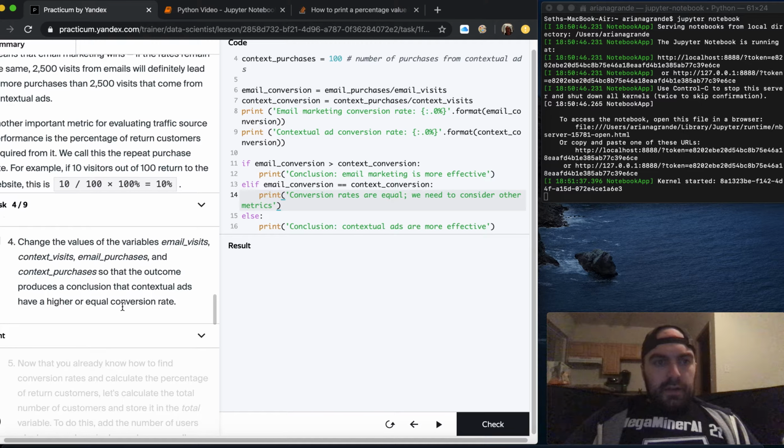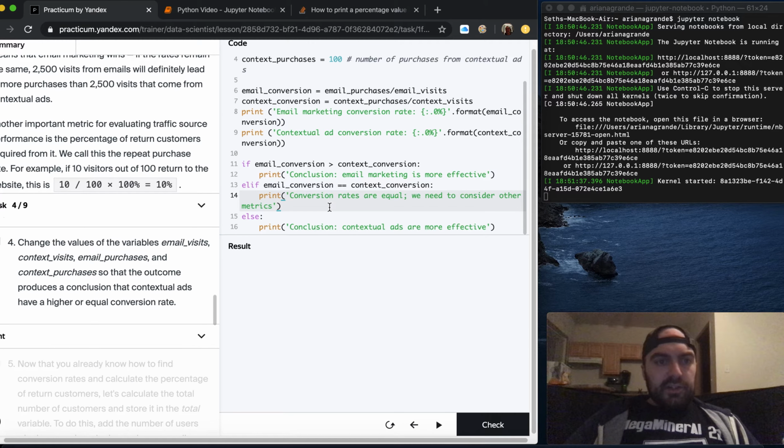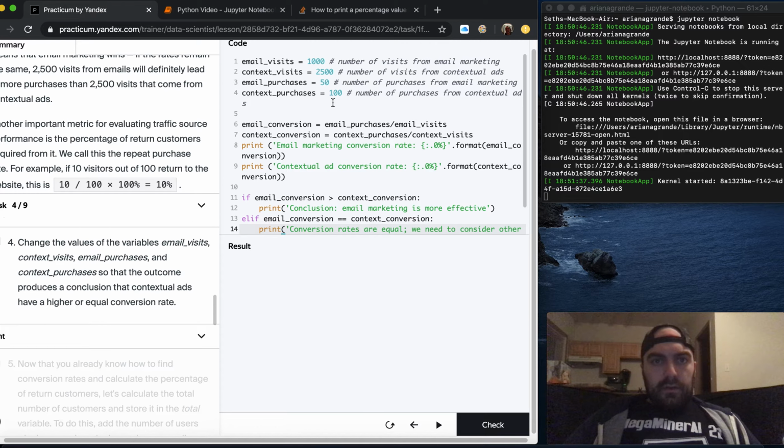Change the values of the variables email visits and context visits, email purchases, and context purchases so that the outcome produces a conclusion where the contextual ads have a higher or equal conversion rate. Okay, so right now email is 50 divided by 1,000.